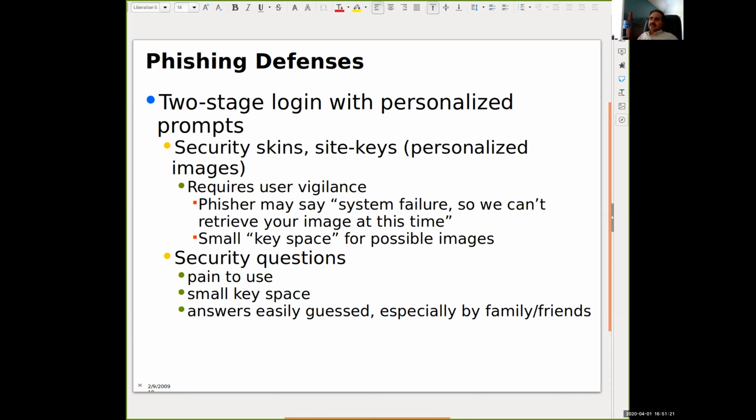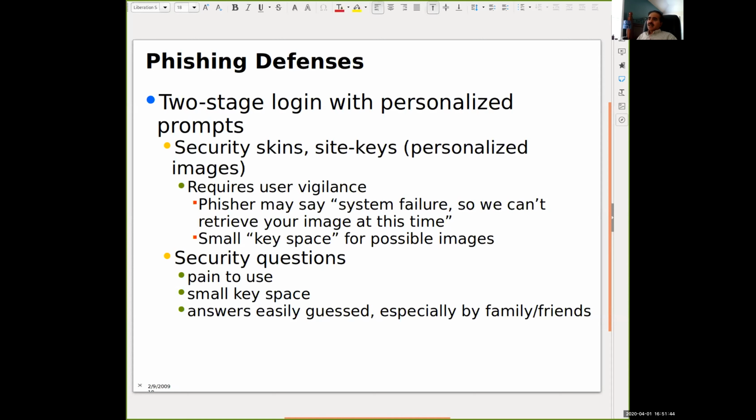If you don't see this, that's an indication that perhaps you didn't go to the real website, that you might have gone to a phishing website. And here the thinking is that the attacker would not be able to figure out what is the personalized prompt that is shown to the real user.